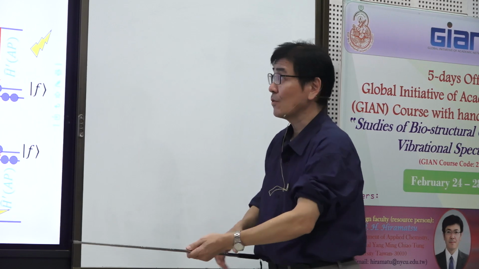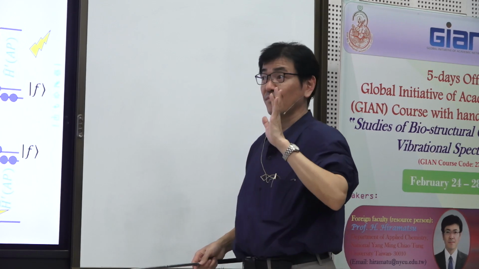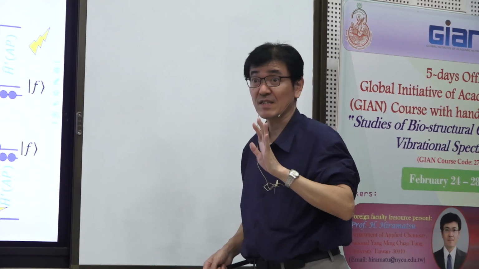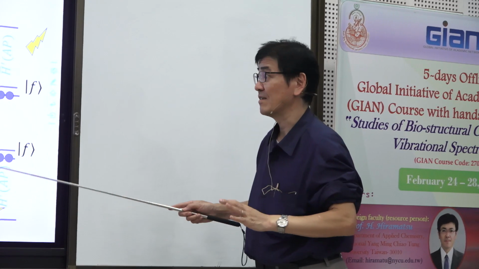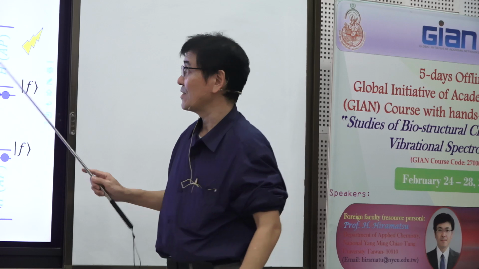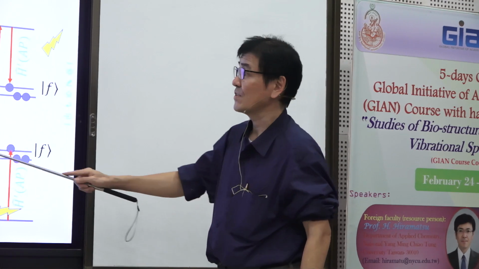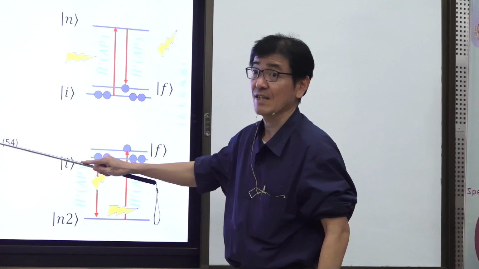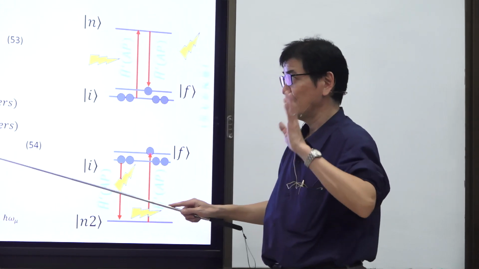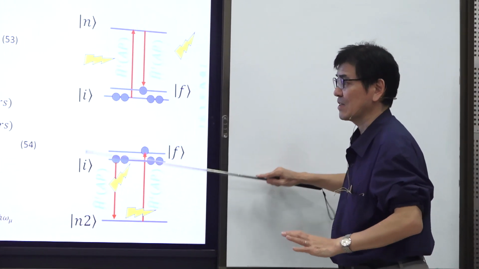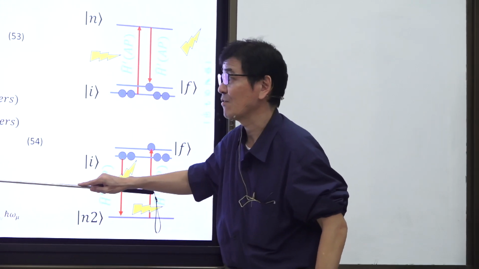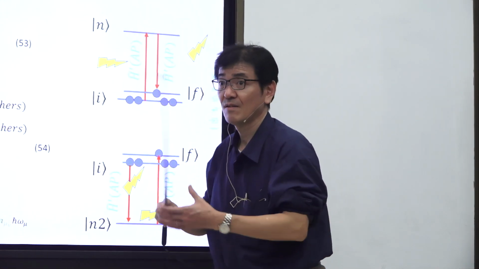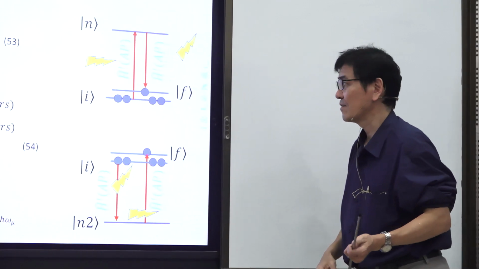And based on the formulation, it's possible to consider another pathway. In this case, one photon decreases first, then one photon increases next. But an equally possible pathway is that one photon increases first, and one photon decreases next, the opposite order.